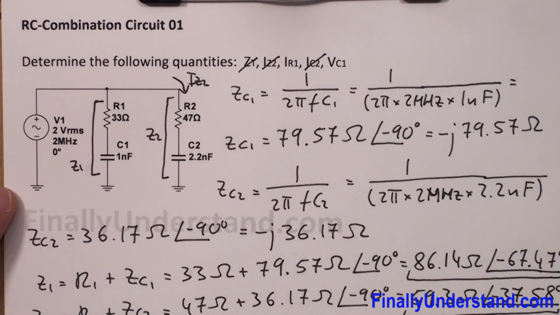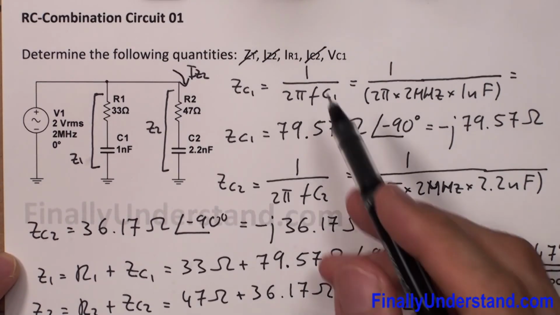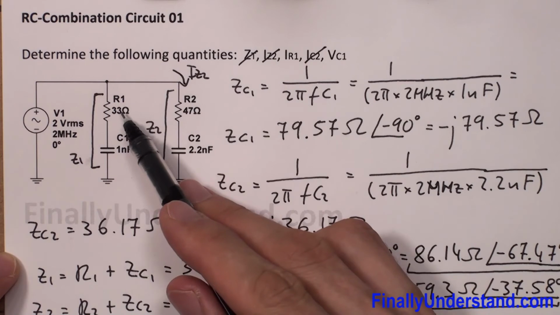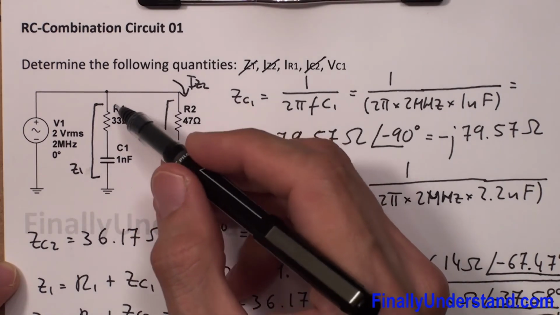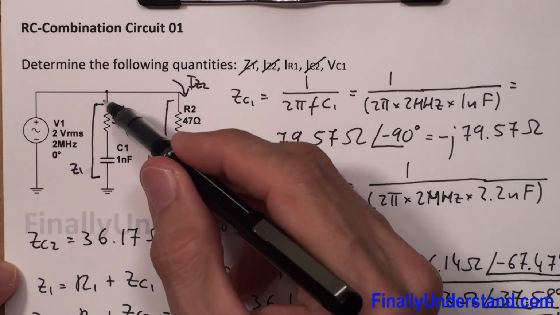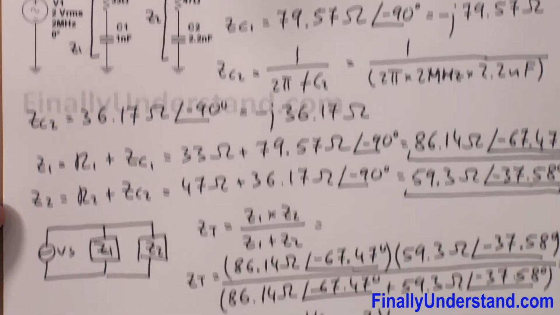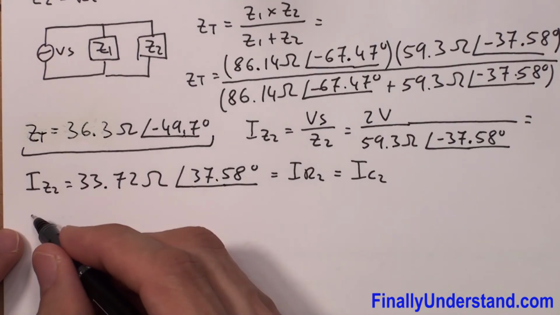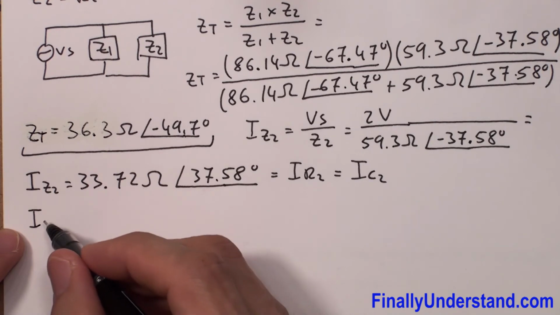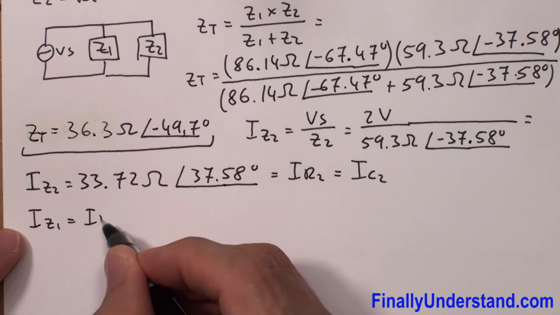Okay, so far we've found Z total, we've found IZ2, and we've found IC2. Next, we can find the current which goes through the resistor R1. Please notice that the current which goes through resistor R1 is nothing else than the current which goes through the entire impedance. Okay, so again, we are going to use Ohm's law, so I'm going to write that I Z1 is equal to I R1.